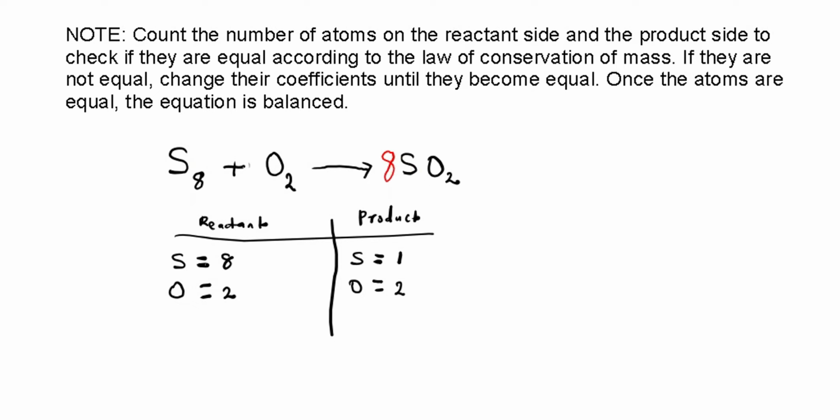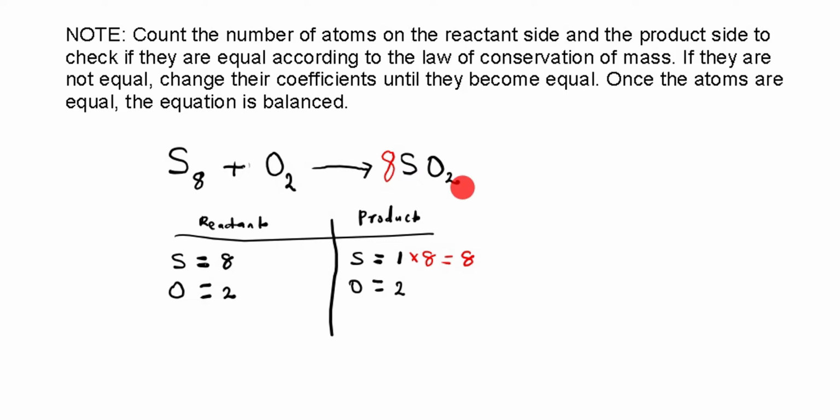So we also write it, times 8. That means we have gotten 8 sulfur. Now let's go ahead and check for the oxygen. Here, oxygen is 2. But here, oxygen is no longer 2. Oxygen is now 16.